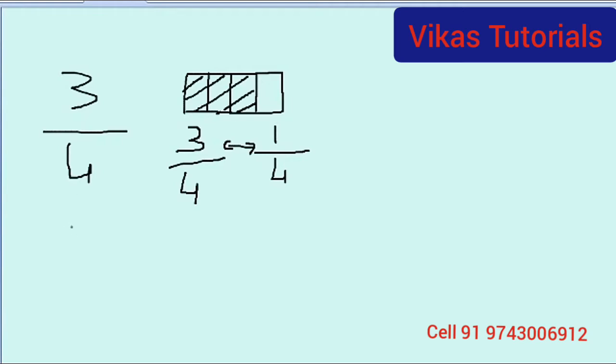Now the next example was 7 by 4. This is a little different. What will happen here? This means that you had two cakes.